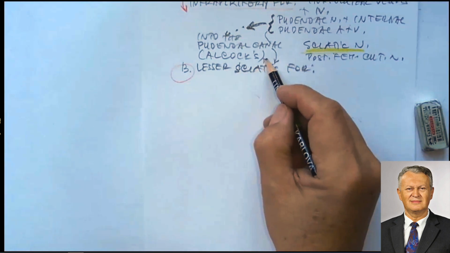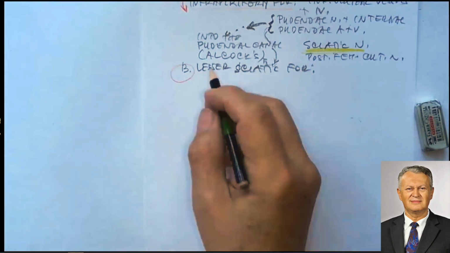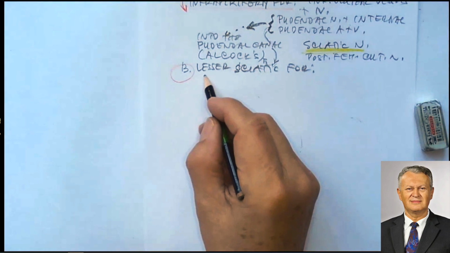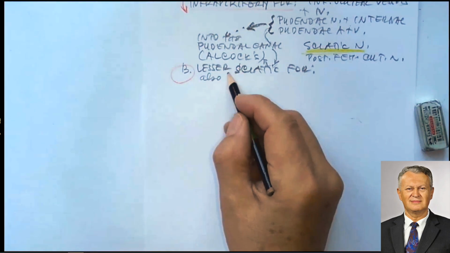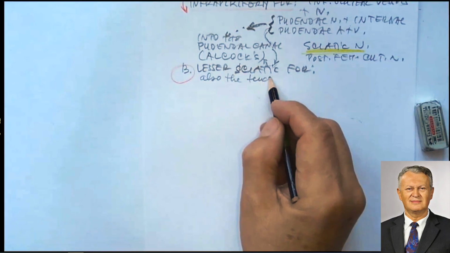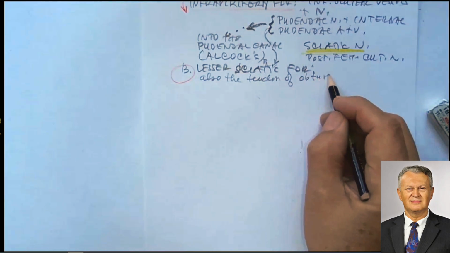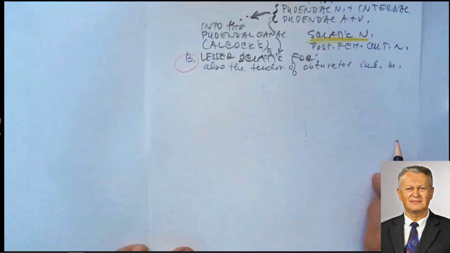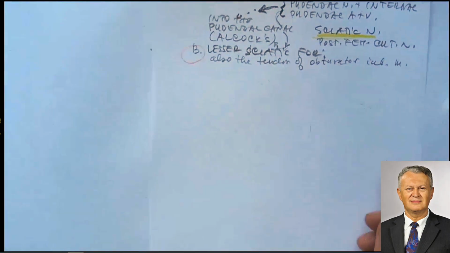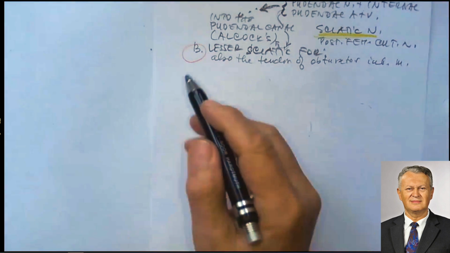Better maybe to draw both arrows to the lesser sciatic and back into the pudendal canal, and also the tendon of the obturator internus muscle. Good. No, safe area, we said. Sufficient, absolutely correct.